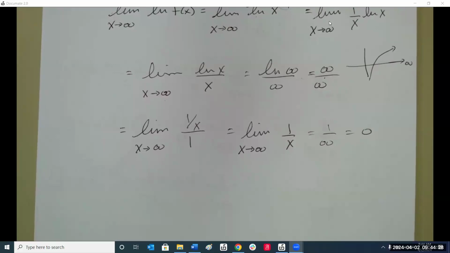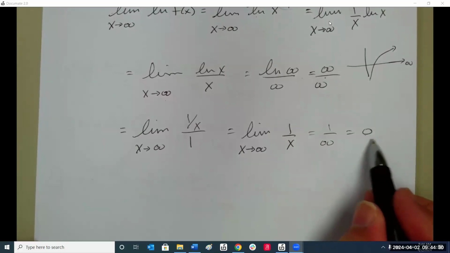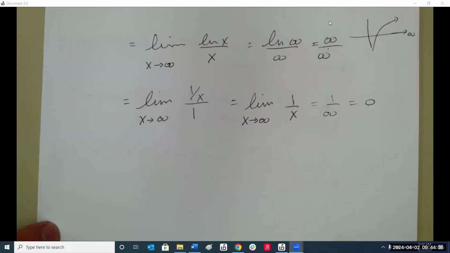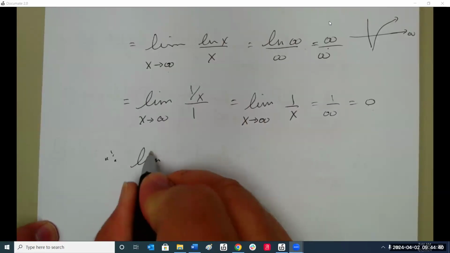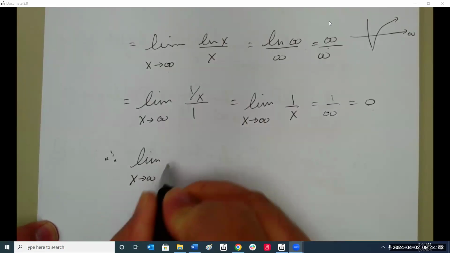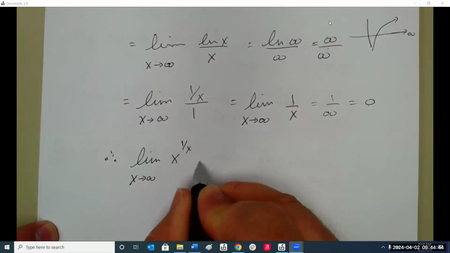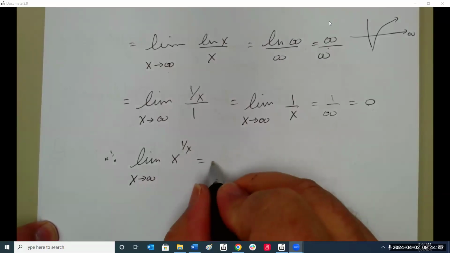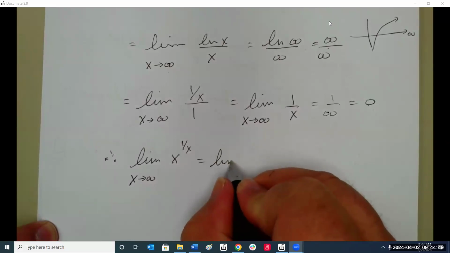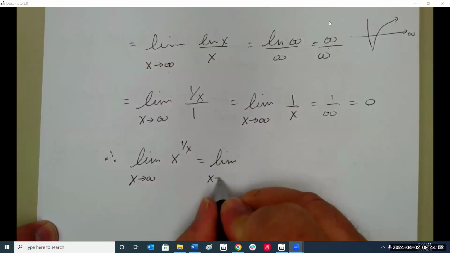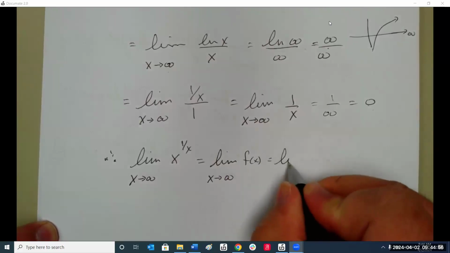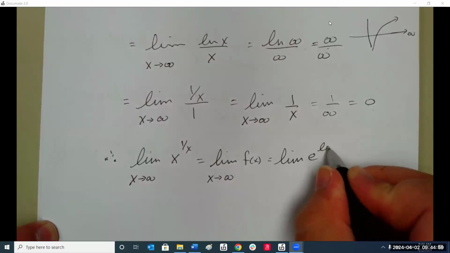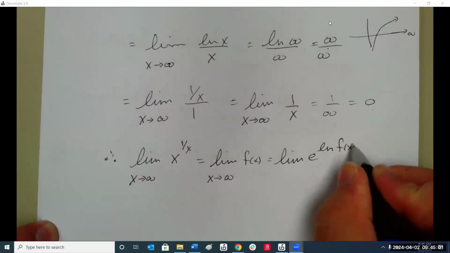Are we done? No, because this is our exponent to our e. So therefore, we had the limit as x approaches infinity of our function, which becomes the limit of e to the power ln f of x.